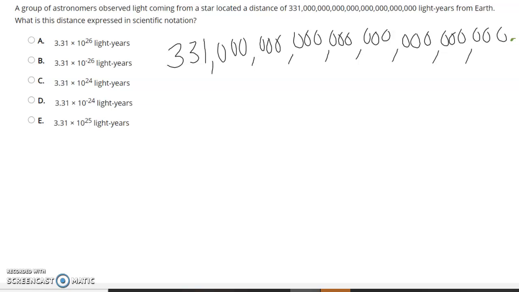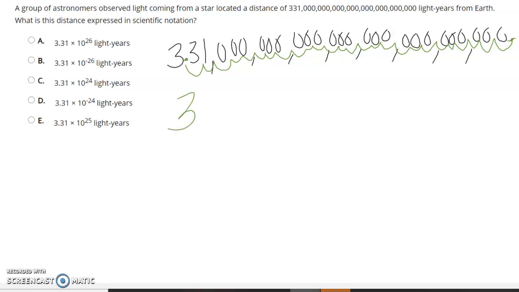So when we're changing from standard form to scientific notation, we're going to count our decimal places. 1, 2, 3, 4, 5, 6, 7, 8, 9, 10, 11, 12, 13, 14, 15, 16, 17, 18, 19, 20, 21, 22, 23, 24, 25, 26.